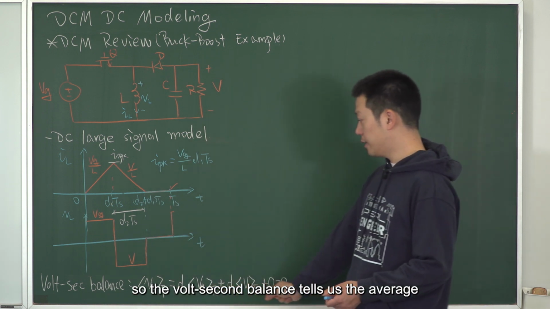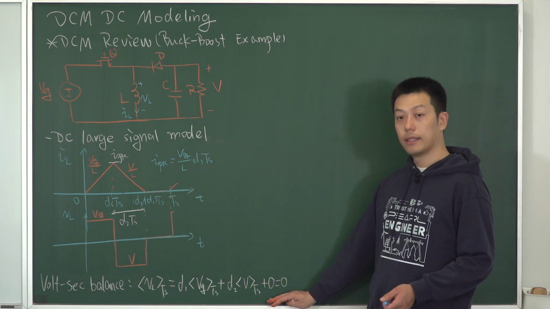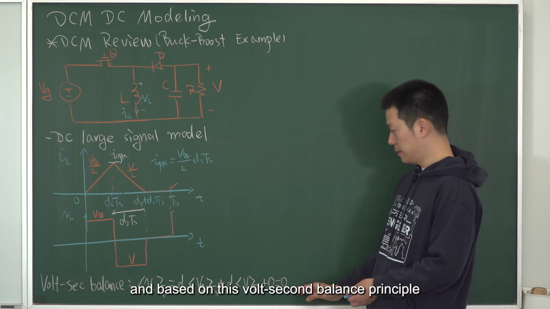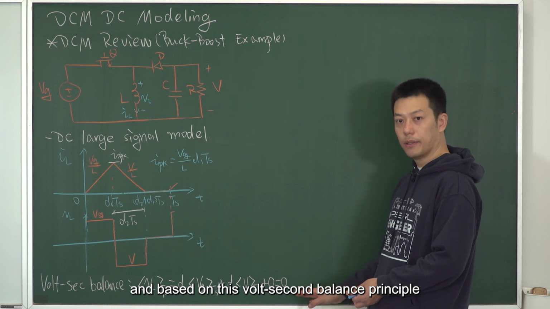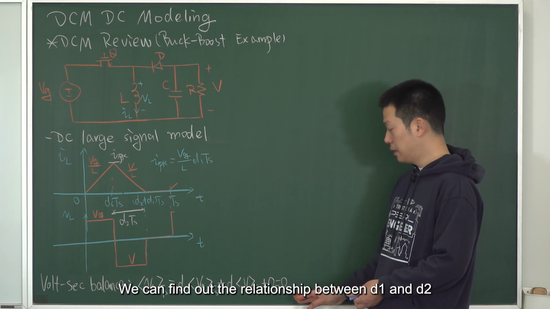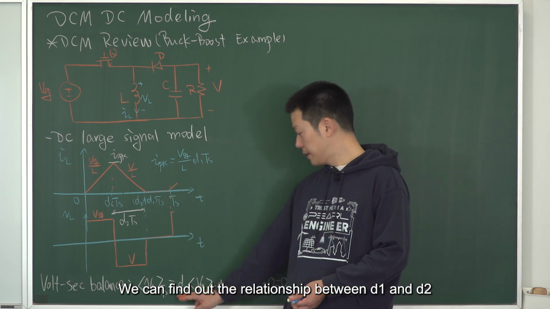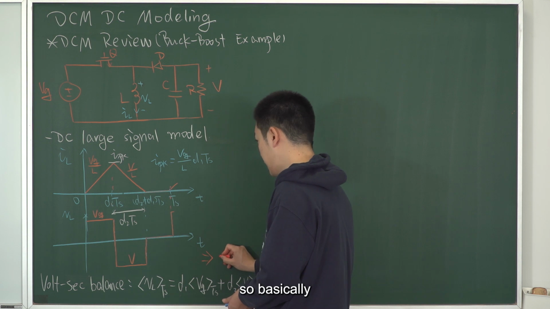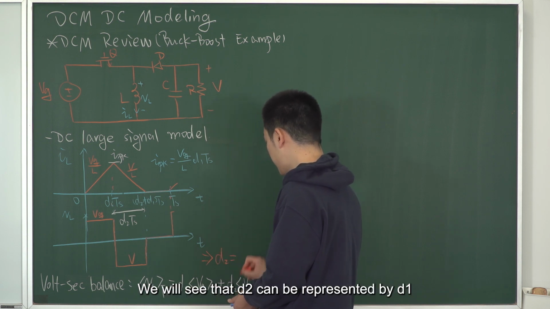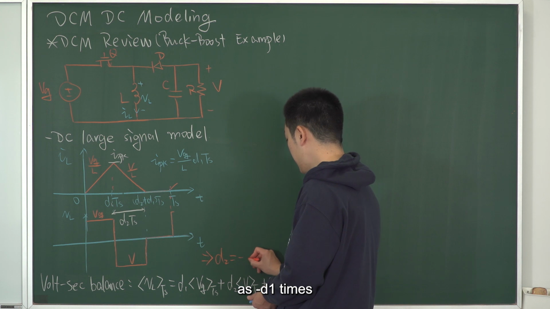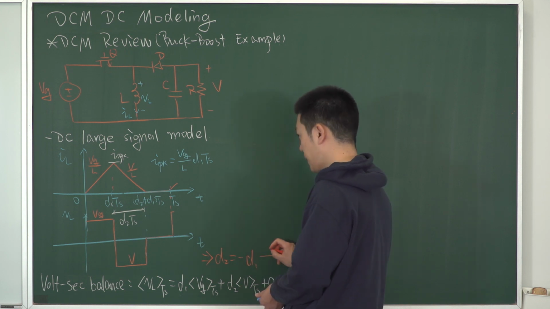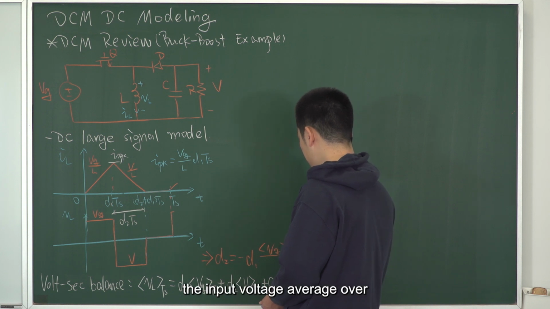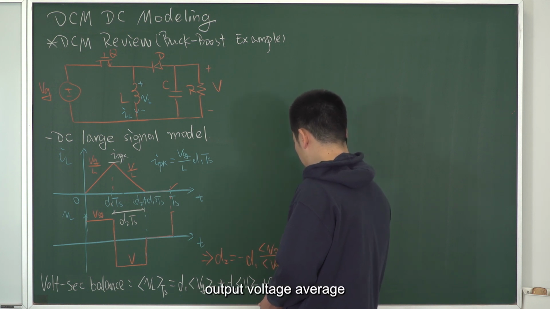So the volt second balance tells us the average inductor voltage equals 0. Based on this principle, we can find the relationship between D1 and D2. Basically, D2 can be represented by D1 as minus D1 times the average input voltage over the average output voltage.